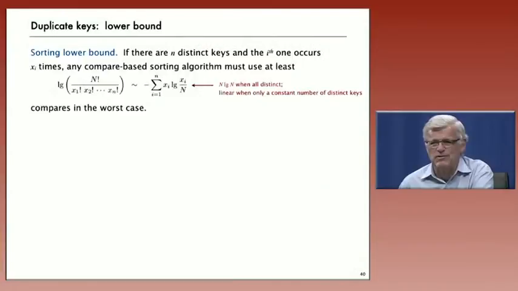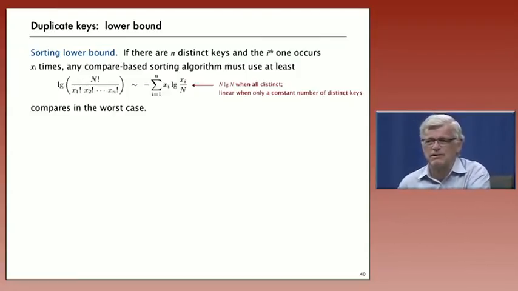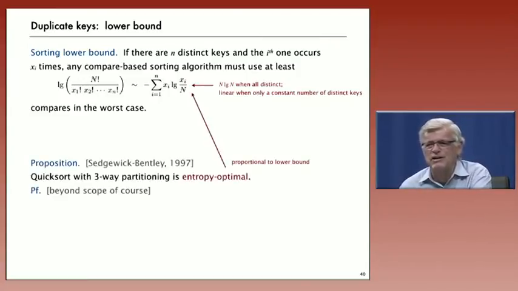So, for example, this is a rather complicated formula, but not too bad. It says that if you know that the ith key occurs xi times, you can write down a lower bound for the number of compares that are going to be required in the worst case. And what's interesting about three-way partitioning is that the number of compares that it uses is equal to this lower bound within a constant factor.